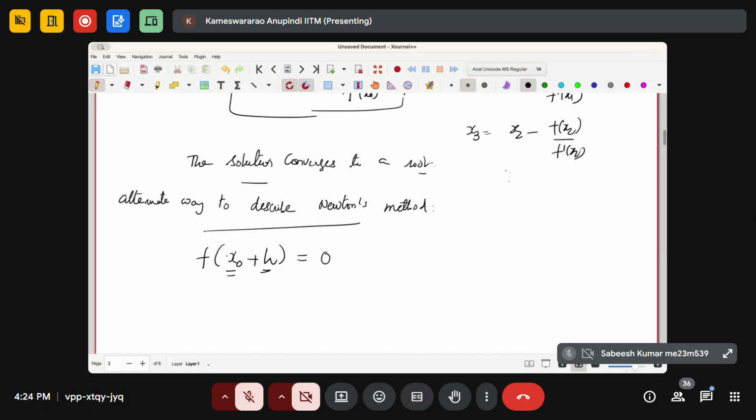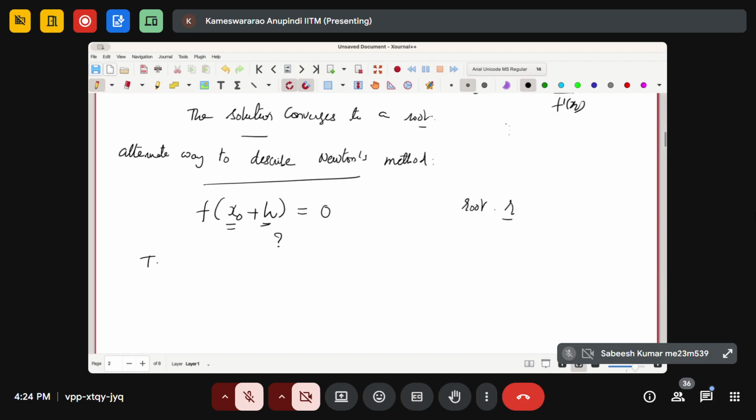I want to calculate the root of the function, so I want to correct my initial guess x naught with some h, so that this is equal to 0. But right now it is not equal to 0. So what is the correction I should make to x naught so that I'll get the root r? Okay, that is the idea.